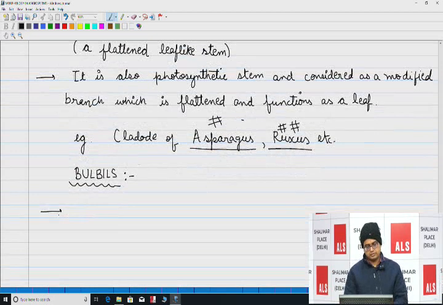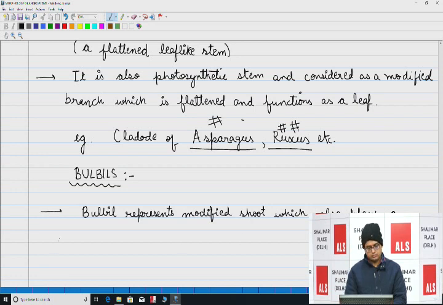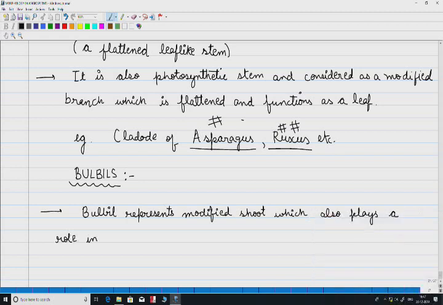Bulbil represents a modified shoot which also plays a role in vegetative reproduction.